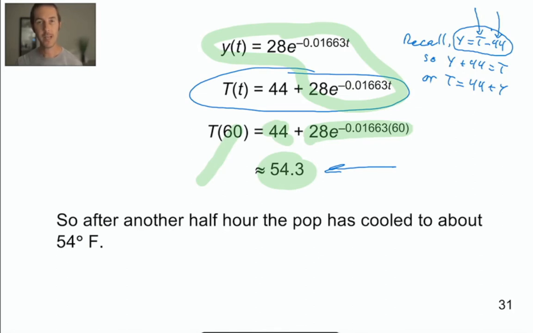And then we use the next batch of given information in order to calculate our k value. Now we've got C and k, which means the only thing that we don't have is the input value, which is a t value, and the output value, which is, in this case, the temperature of a bottle of soda, or the number of years that it took to degrade, the remaining mass of our radioactive substance.